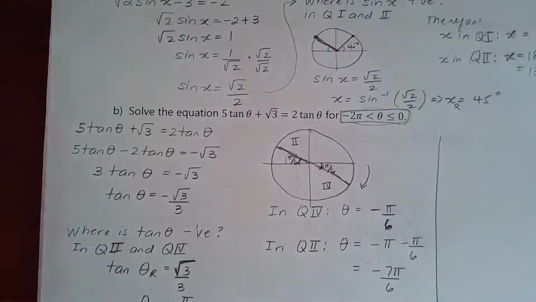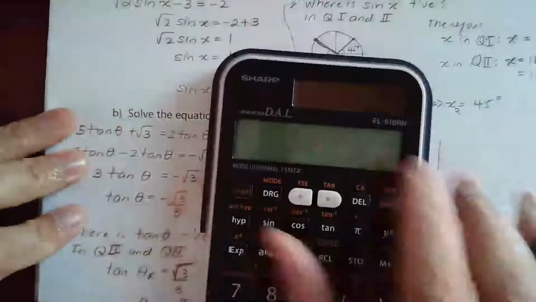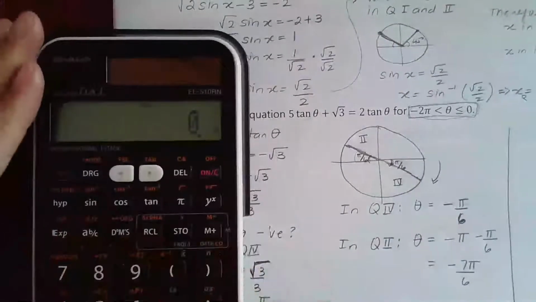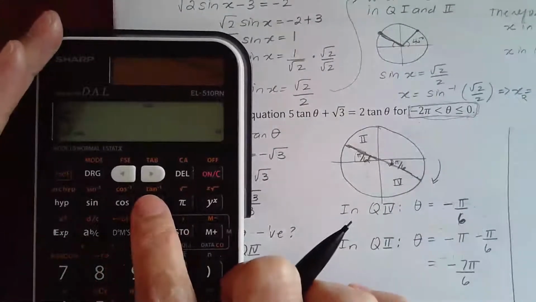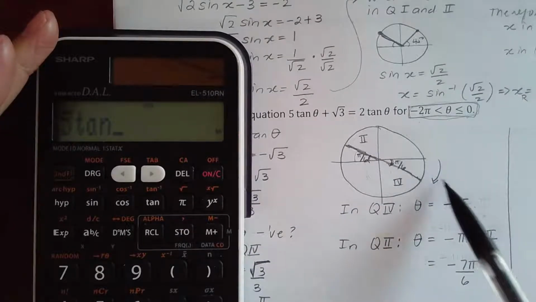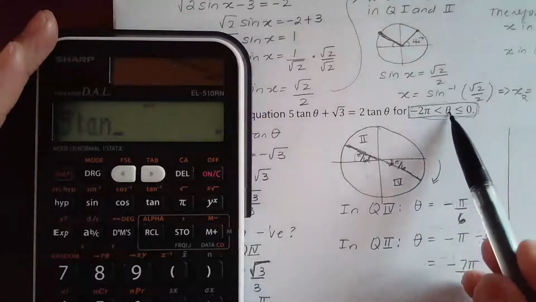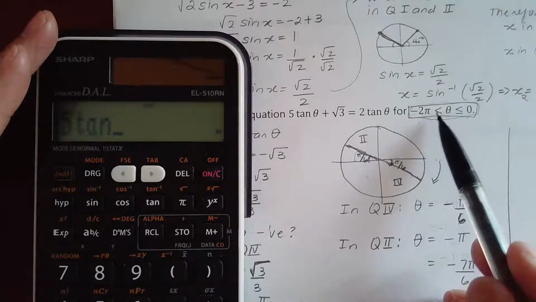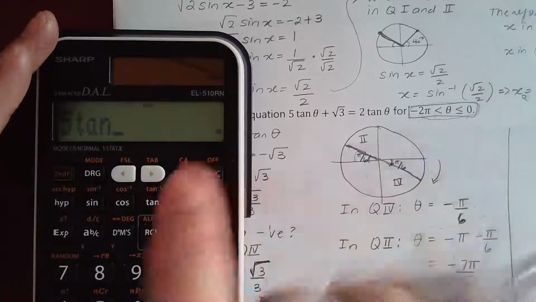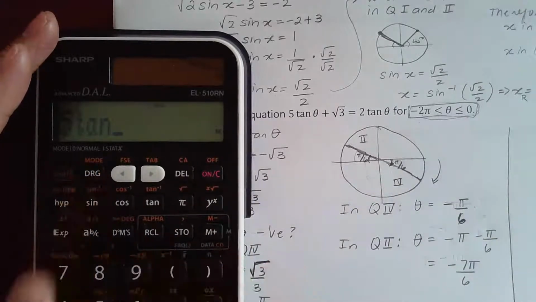Okay, so I need my calculator. I can see I have to change my calculator into radian mode because this is in radians, so I'm going to do that before I do anything else.